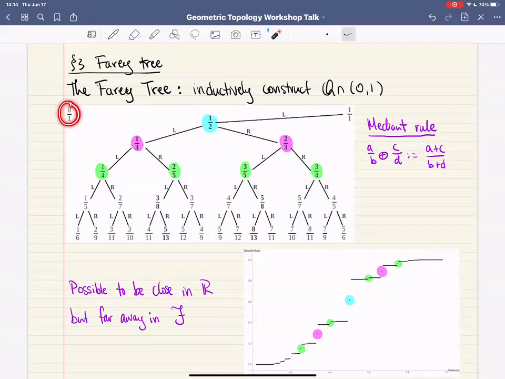So the mediant of 0 and 1/2 is 1/3. The mediant of 1/2 and 1 is 2/3. That gives you the second level of your Farey tree. And then to compute the third level, you'd look at this adjacent pair, compute the mediant, this adjacent pair, this adjacent pair, and this adjacent pair.